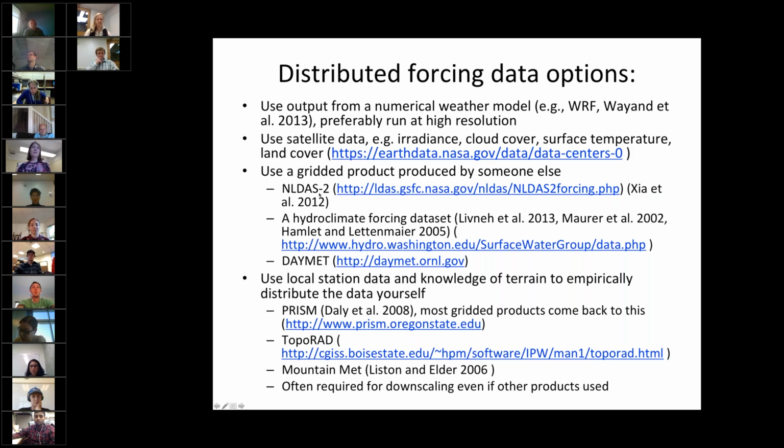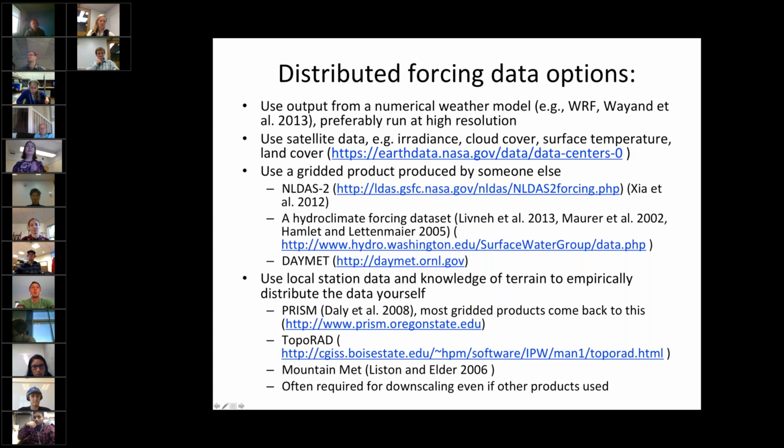An example might be the NLDAS data set or a hydroclimate forcing data set, such as a number developed for running the VIC model. There's a DayMet distributed data set. You could also use your local station data and knowledge of the terrain.